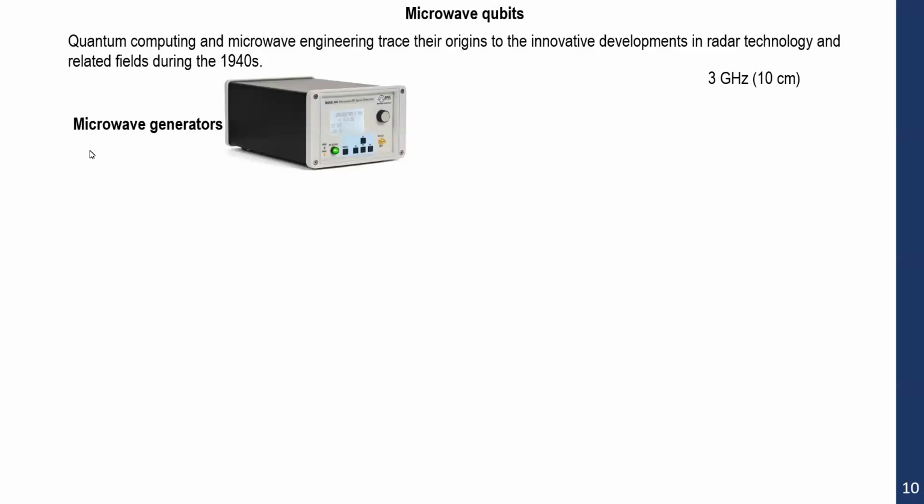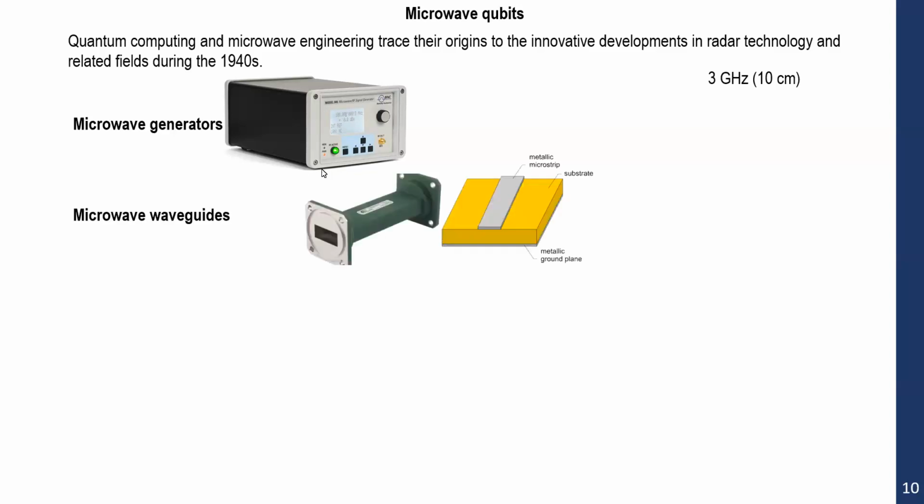So microwave is a very feasible research area. And today we can generate microwave fields and microwave pulses with any desired shape using these microwave generators. Generated pulses can be wave-guided using, for example, rectangular waveguides or microstrip lines like this one.